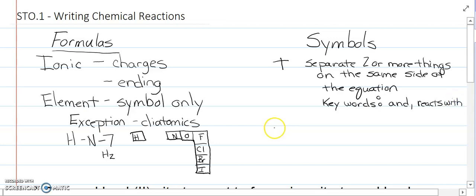Second symbol that we're going to be paying attention to today is going to be an arrow, and that's going to separate your ingredients from what you're producing. In chemistry, we call those reactants, so your starting materials, from your products, which are going to be your ending materials.